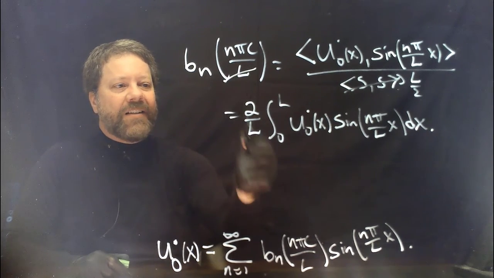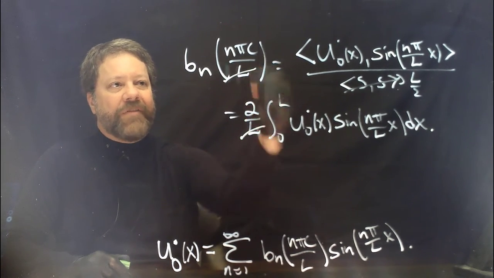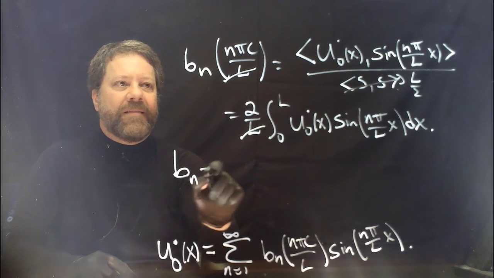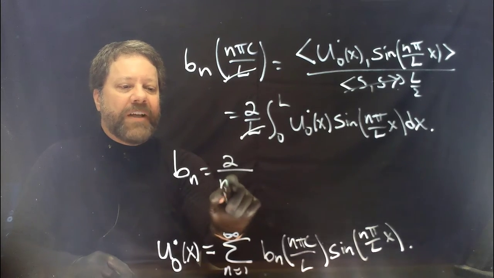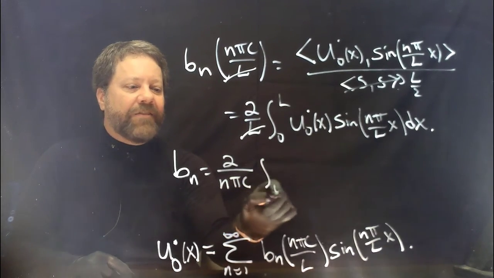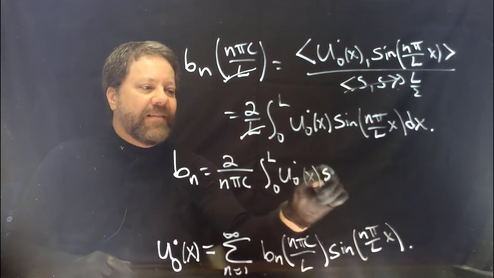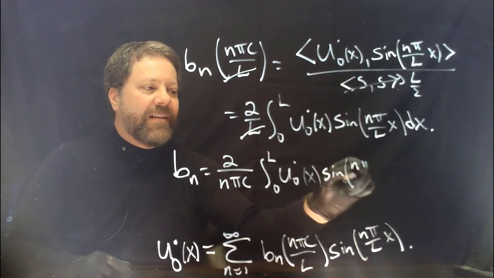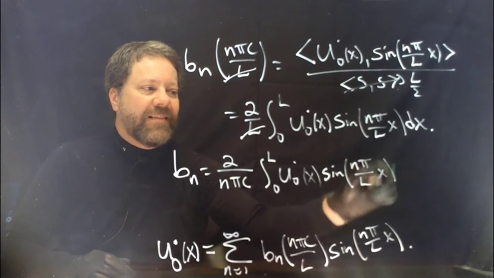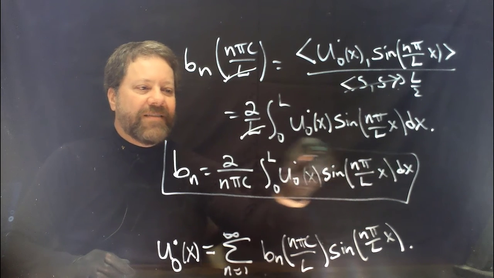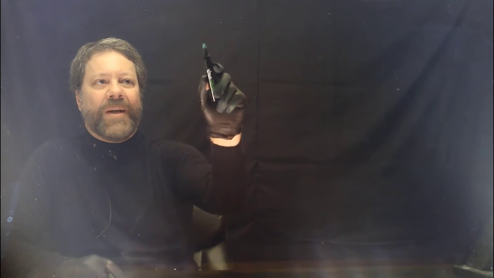You can see the L's will cancel off, but we'll have to divide by n pi c. So we'll have 2 over n pi c, integral from 0 to L, u naught dot of x, sine n pi over L x dx gives us the other Fourier coefficients. So we now have a general solution to the wave equation.